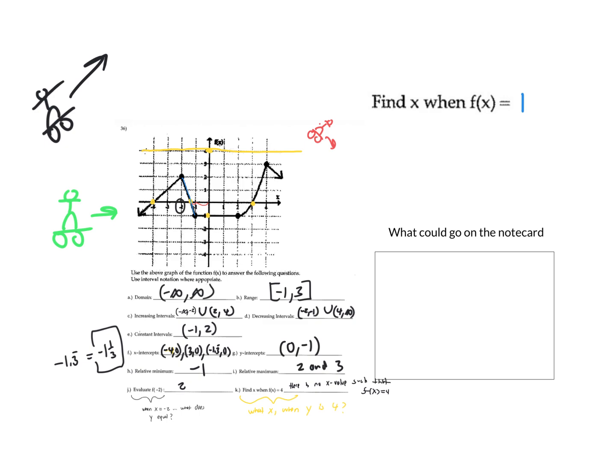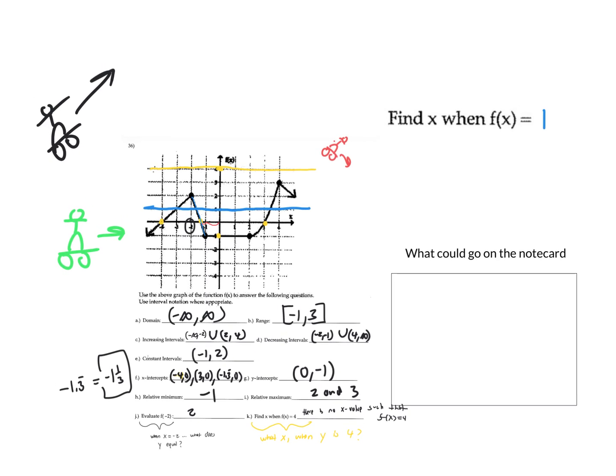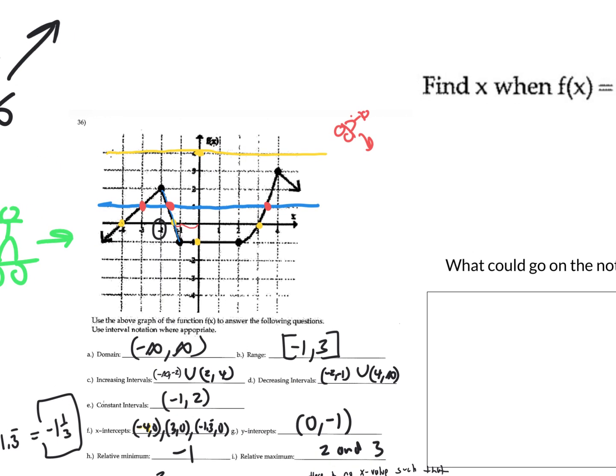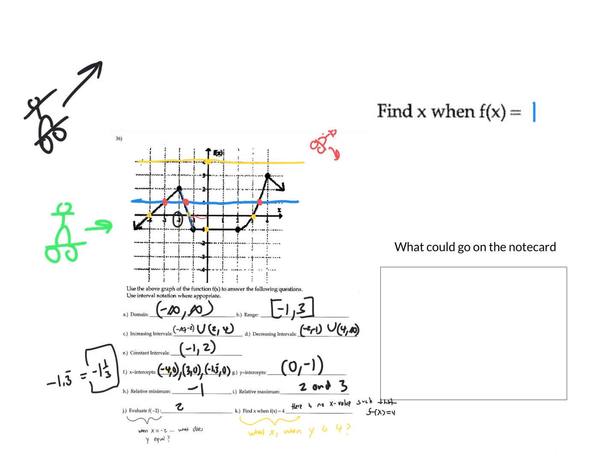Well, what you could have done is you could have investigated this y value of 1 right here, and maybe even drawn a line across, and then just find out where this thing crosses that line. It crosses at these red points, right? And then you would just have to find the x values associated with those red points. So you would actually have more than one answer to this question.